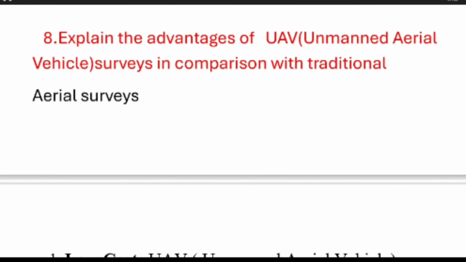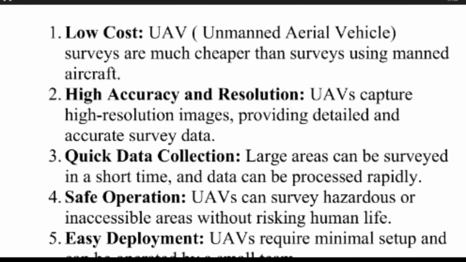Next is explain the advantages of UAV, or unmanned aerial vehicle survey, in comparison with traditional aerial survey. Coming to cost, UAV survey is low cost, much cheaper than a survey using manned craft.